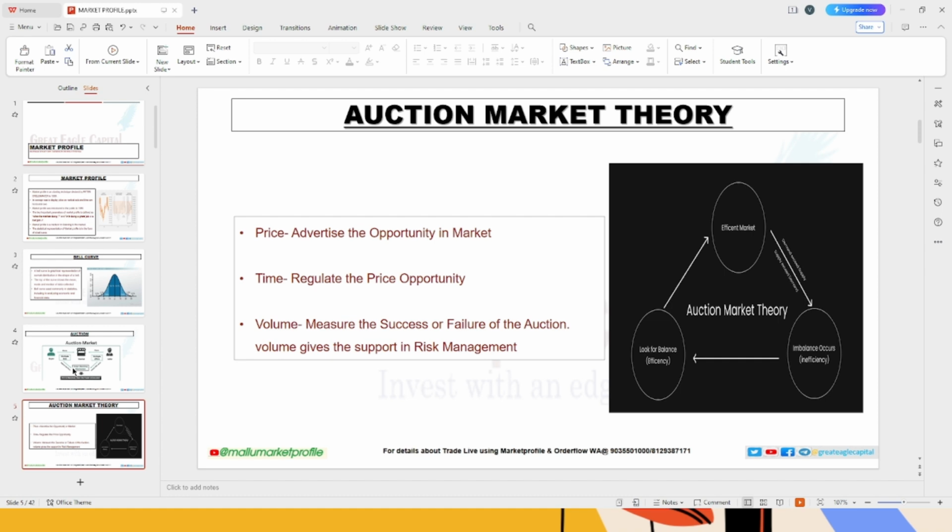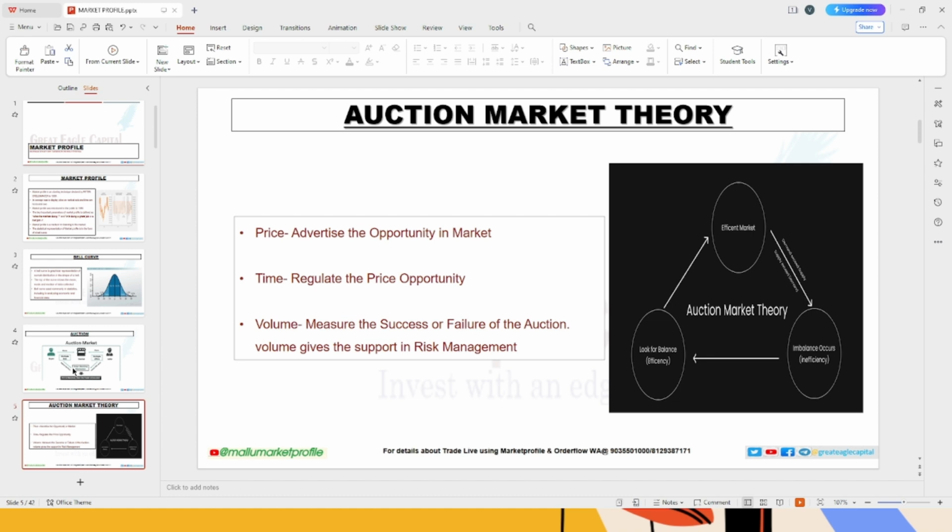And time. For example, if Hindenburg news came on Saturday, what happened? Can we trade based on that news in Adani stocks or any other stocks? We can't. Why? Our market is closed on Saturday and Sunday.